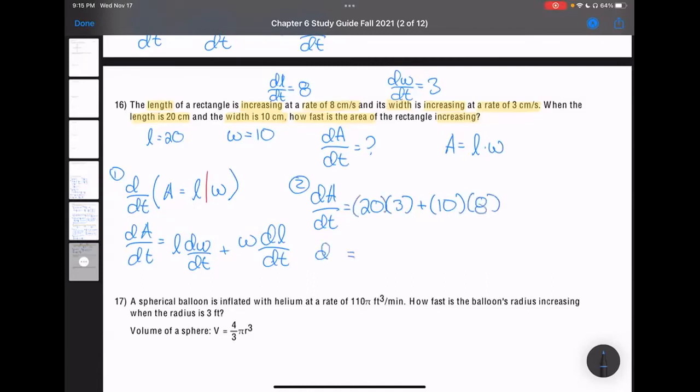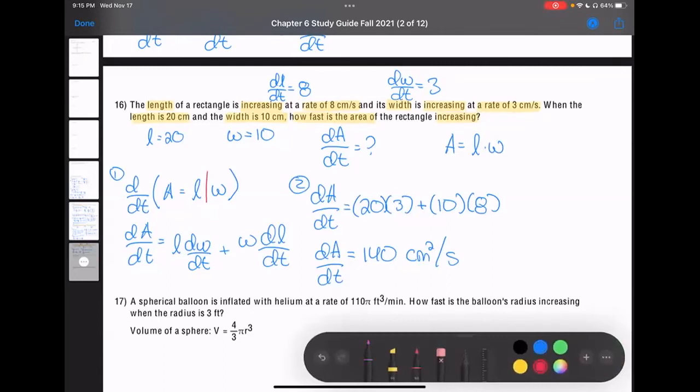So this will give us 20 times 3 is 60, plus 10 times 8 is 80, 60 plus 80 is 140. And how fast is the area of the rectangle increasing? So we know its units are centimeters squared, and it's per second, because that's what the rates of change were above. And that's it.